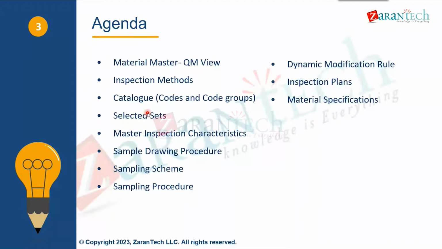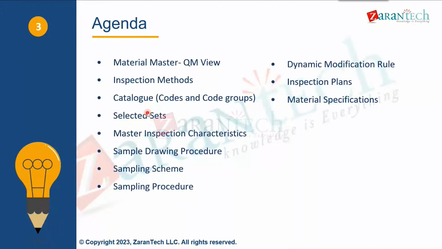Whatever codes and code groups you create for catalog type 1, you will use for results recording for the qualitative characteristics, and whichever you create for catalog type 3 will be used during usage decision. You will use these codes for evaluating and closing the inspection lot.